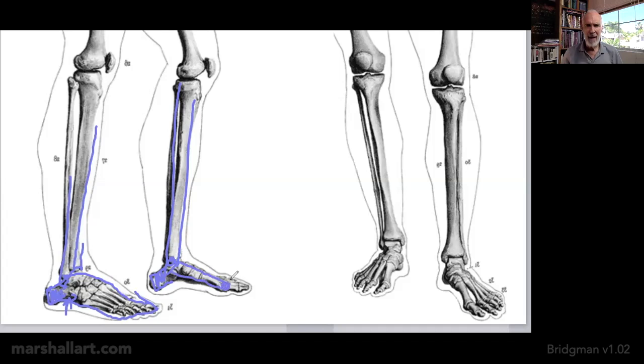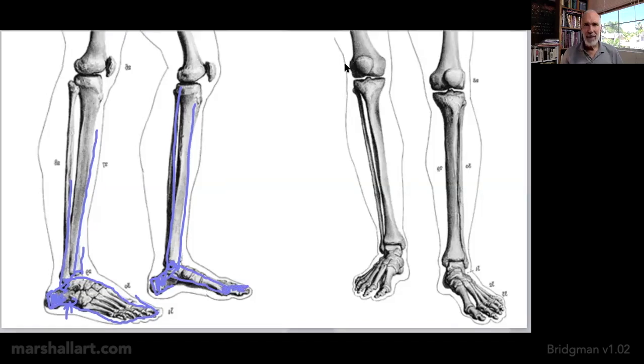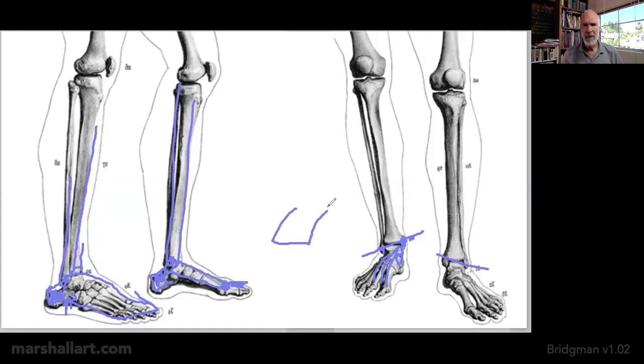You can tap that, get your feet out and feel them. On the right, it's harder. But that's got to be the tibia, and that's got to be the fibula. So the tibia is higher, fibula is lower. There's a spool in there, and then these are going to foreshorten toward us.